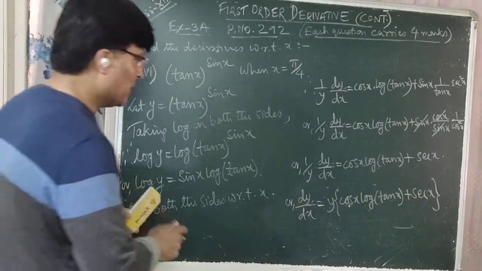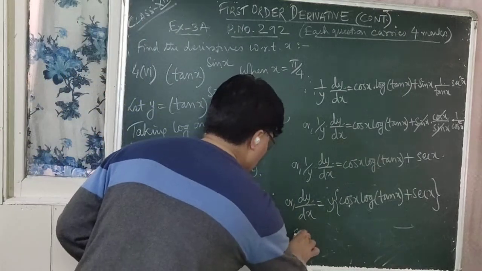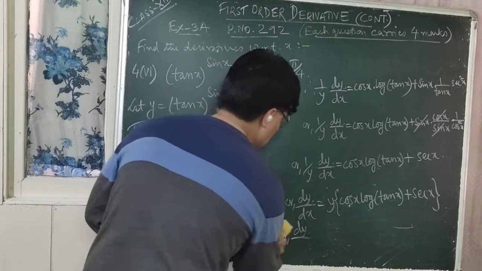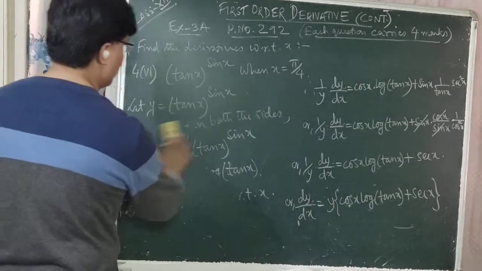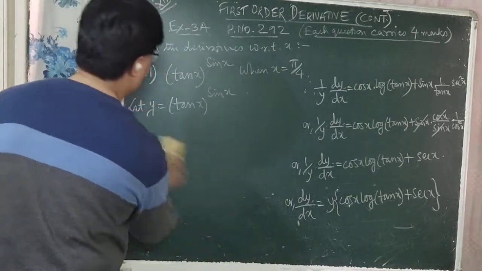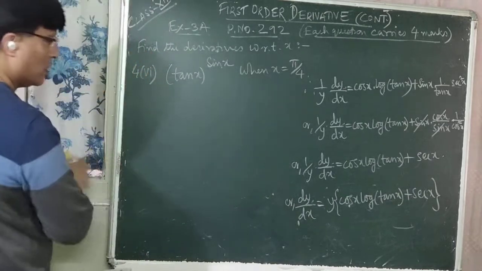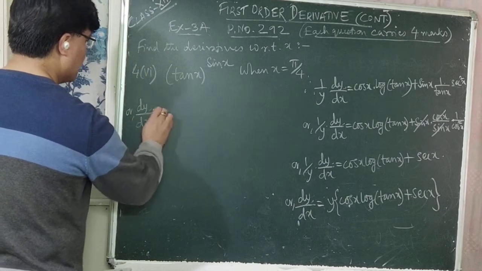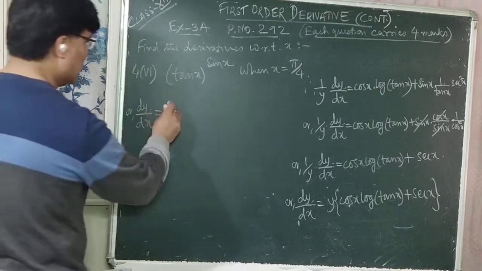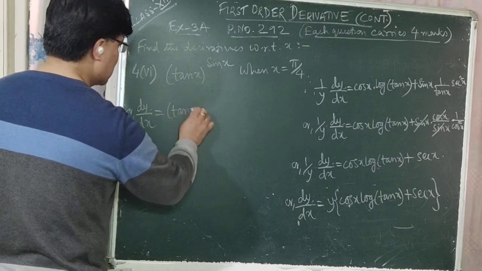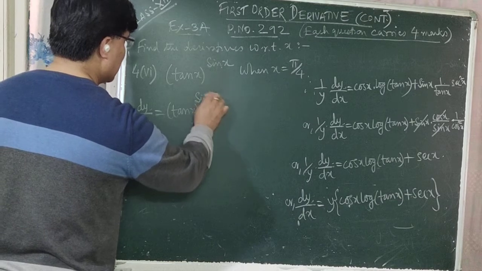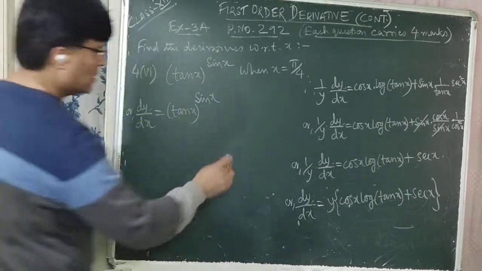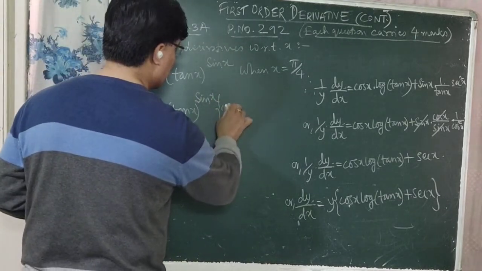So now let us put the value for y first. Or dy by dx, now we have to put the value for y. What was y actually? It is tan x whole to the power sin x, right? And then within second bracket, what do we get?